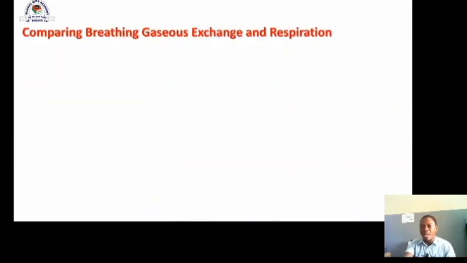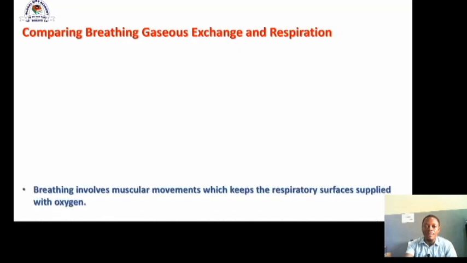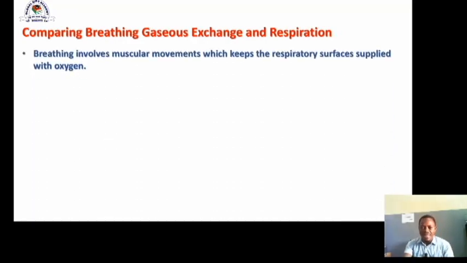Now, let us compare gaseous exchange, respiration, and breathing. Some of us mistakenly use them interchangeably, but they are not exactly the same. Let's compare them. Breathing involves muscular movement: the intercostal muscles, the rib cage, the raising of the diaphragm, and the muscular movement which keeps the respiratory surfaces supplied with oxygen is what we term breathing.